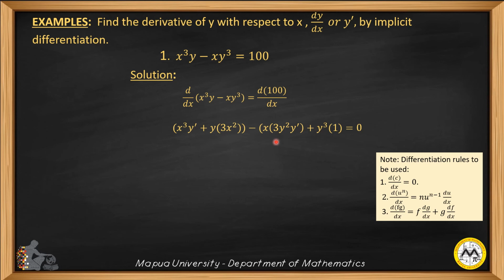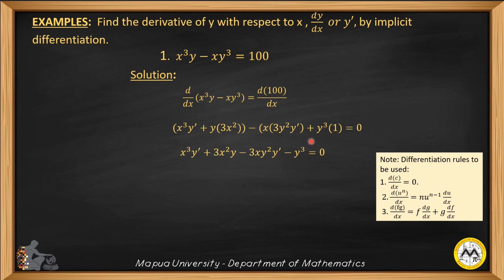For the second term, the derivative of x y cubed would be equal to x times the derivative of y cubed, which is given by 3y squared y prime. And as to the second term, we will have y cubed times the derivative of x, which is 1. On the right is 0, being the derivative of the constant 100.